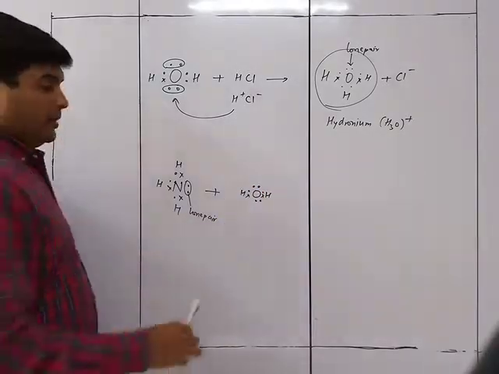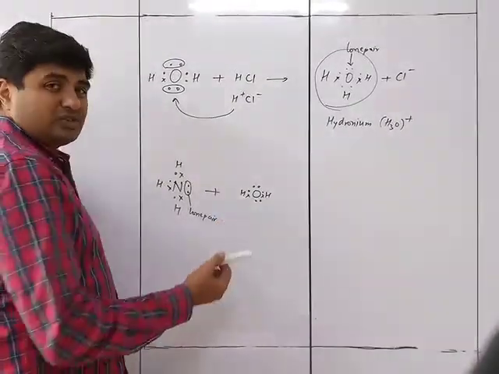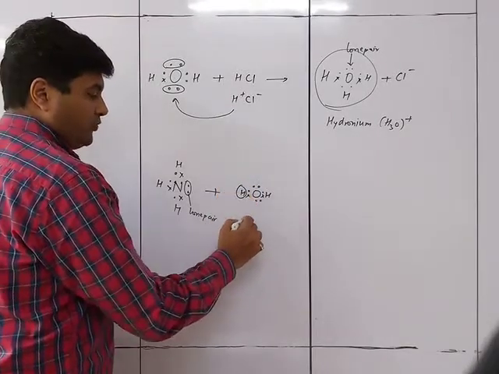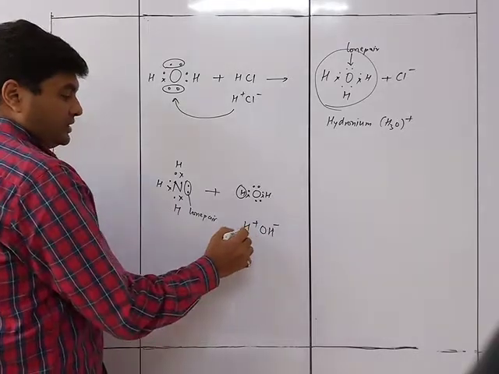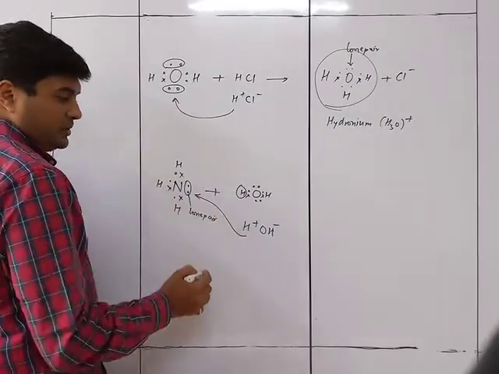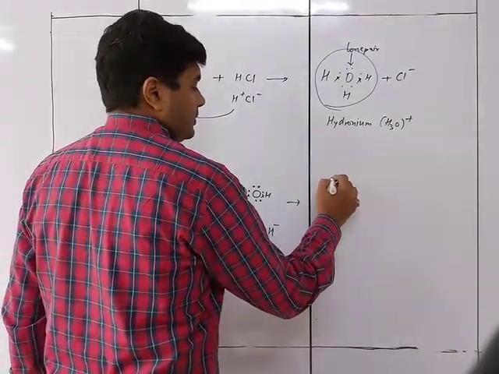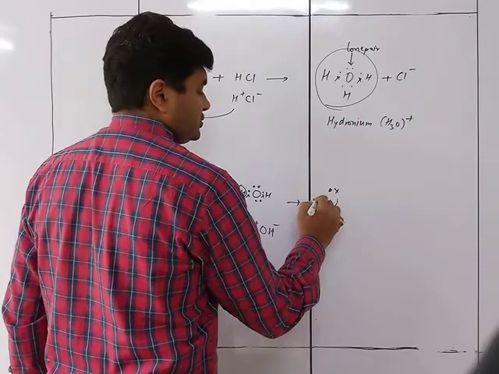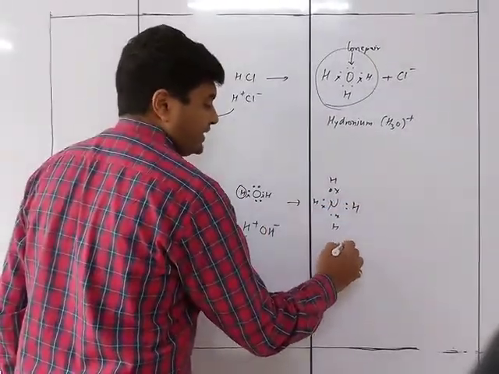Since the hydrogen over here is not so satisfied, this hydrogen is going to form into H plus and OH minus, and this hydrogen comes and settles over here, forming NH4.